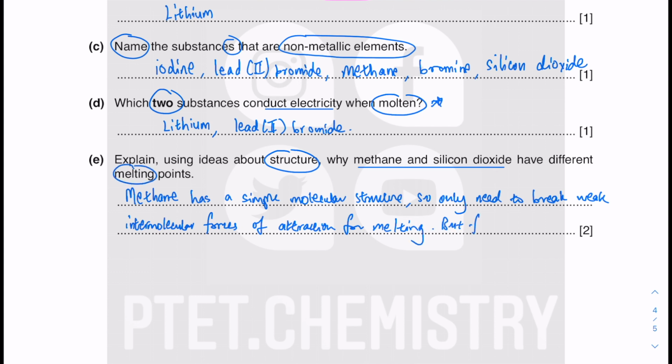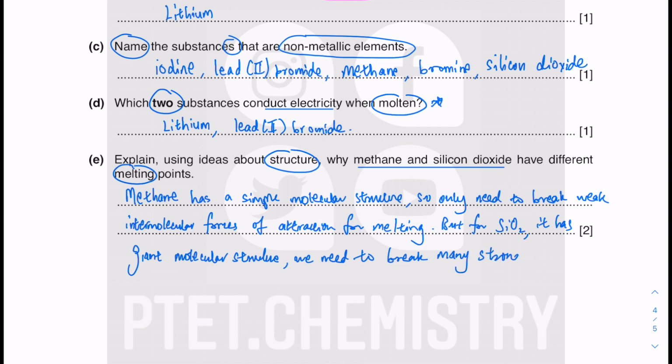But for silicon dioxide, which is SiO2, it has giant molecular structure. And because you have giant molecular structure, we need to break many strong covalent bonds in order for change of state from solid to liquid.